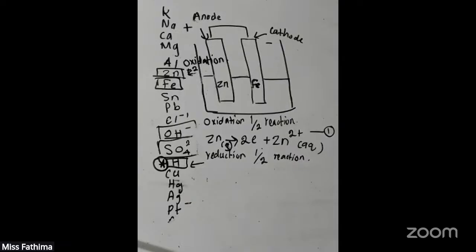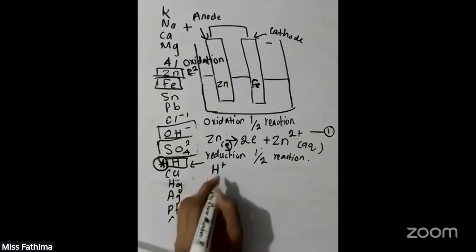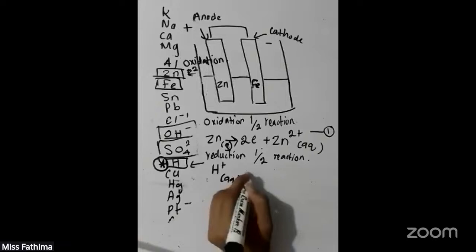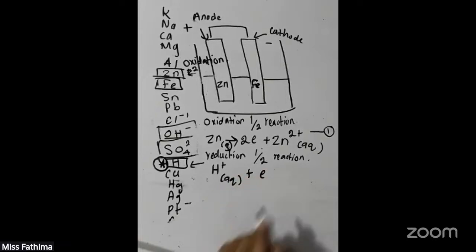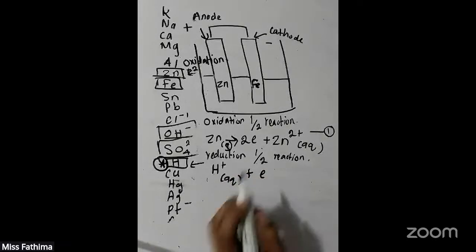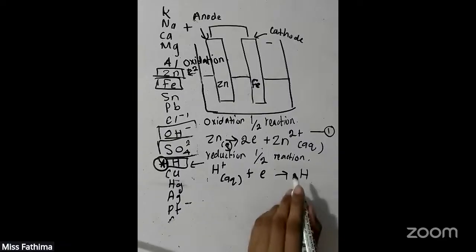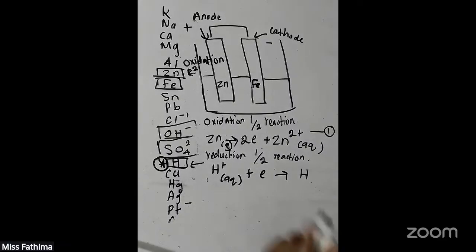You have to know H plus will undergo reduction. When you have H plus in the aqueous medium, they will attract electron. Then they will form H. Now, as I told you, do you find H atom in nature? That means hydrogen atom in nature?